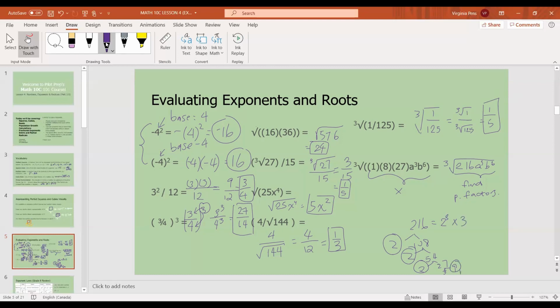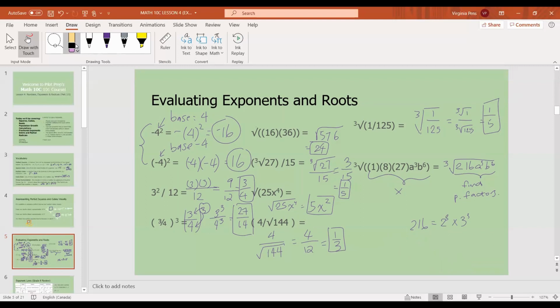Oh, but 9 can also be broken down into 3 times 3. So we have 3 3s. And this is very convenient for us because 216 is just 2 times 2 times 2 times 3 times 3 times 3.